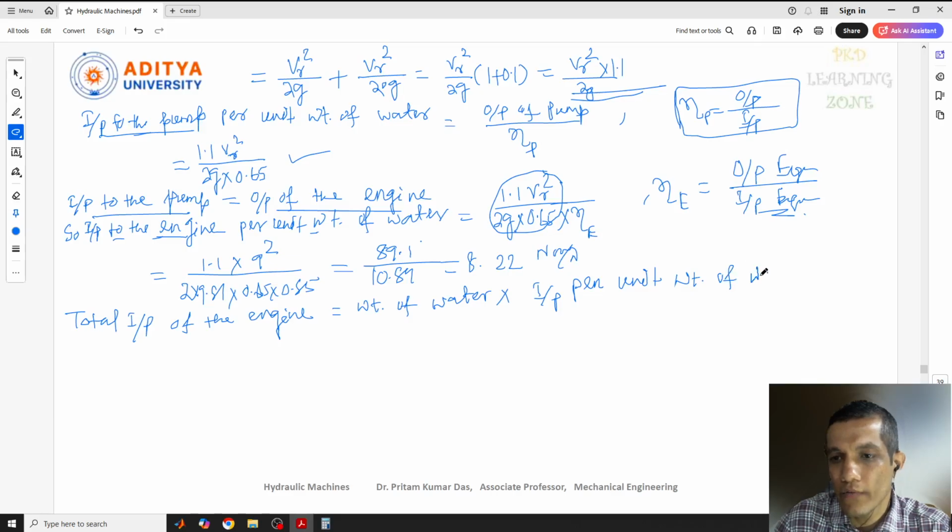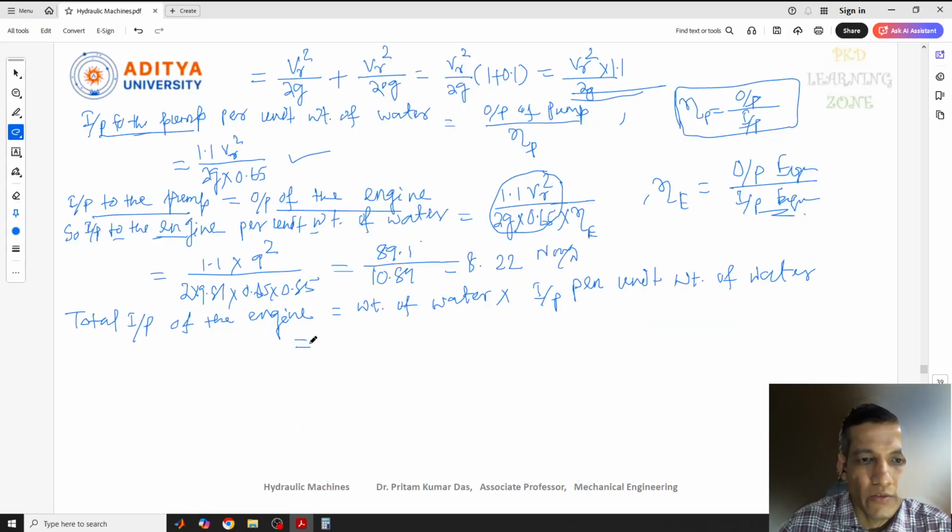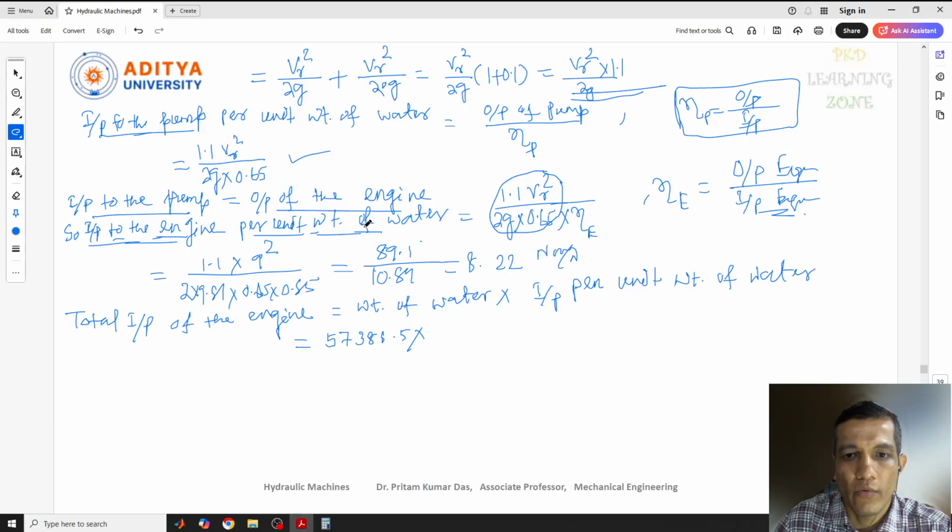The weight of water we have already identified, and the input per unit weight also we know. The weight of water we found in the previous step, this much, 57,388.5, into the input per unit weight of water, which is 8.22.